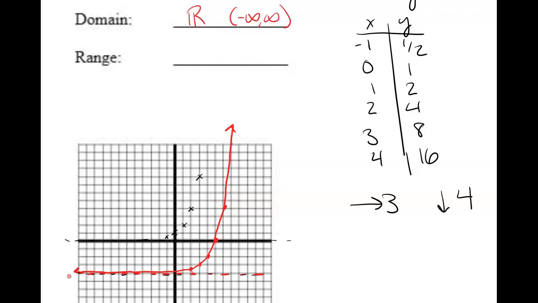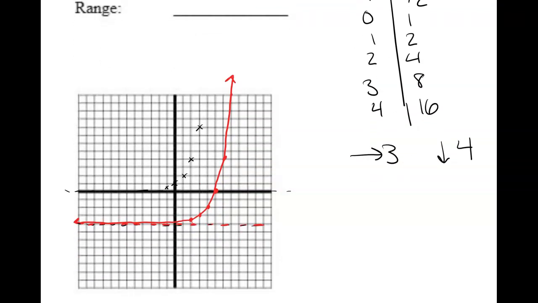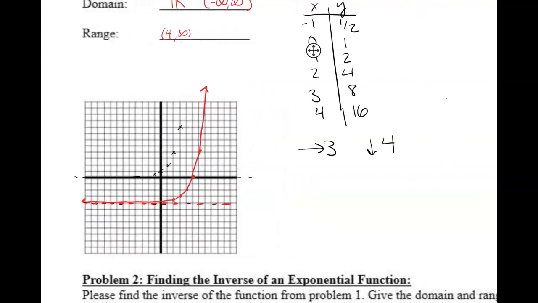But my range, my y values, don't start until this asymptote, which is at -4, and then it goes up and up and up forever towards infinity. And that -4 is not included because it's an asymptote. We can't actually touch that.